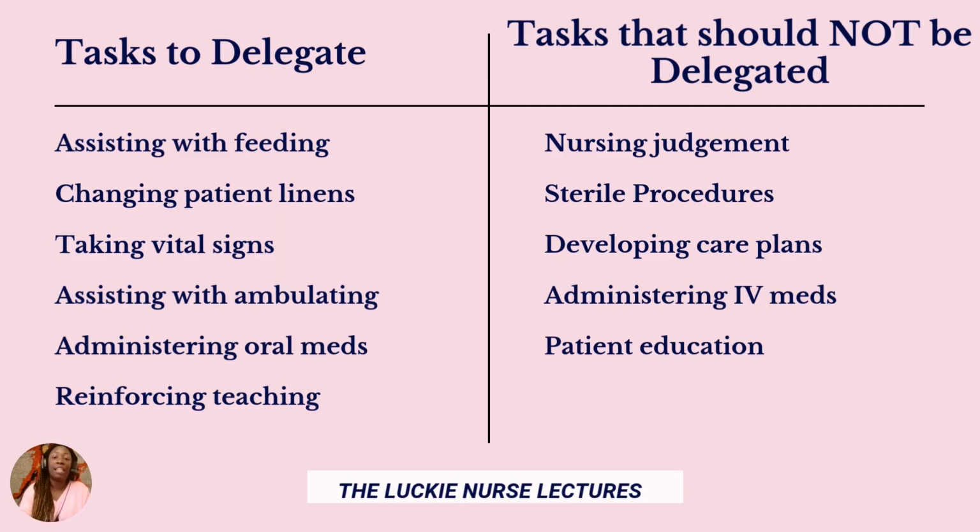They're metabolized a lot faster in the system, which means that adverse reactions and allergic reactions can happen to your patient a lot quicker. So, when you're dealing with an IV, there's risk for infiltration, there's risk for infection. IV medications are considered higher risk than oral medications, which is why this is a task that should not be delegated to anyone else.